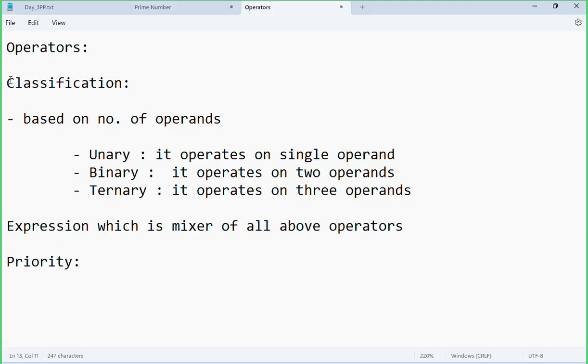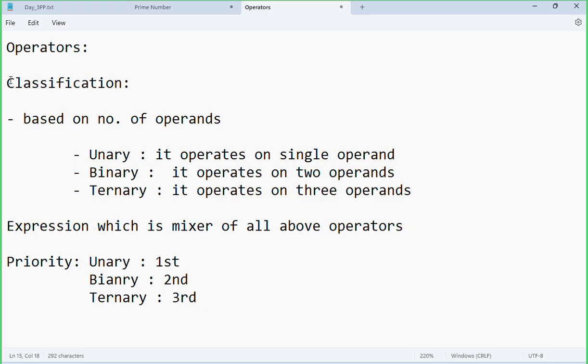We apply the operators based on priority. Unary operators have the highest priority, then comes the binary operator, which has second priority, and then comes ternary, which has the least priority.